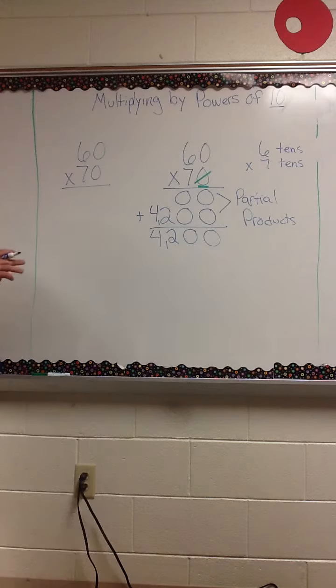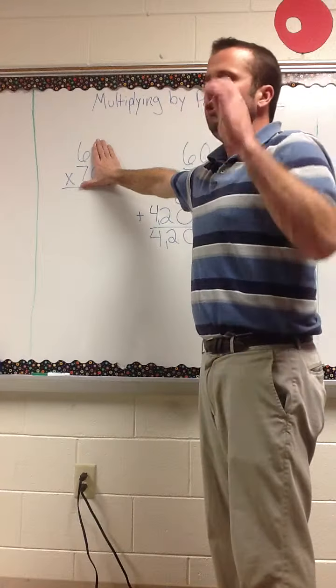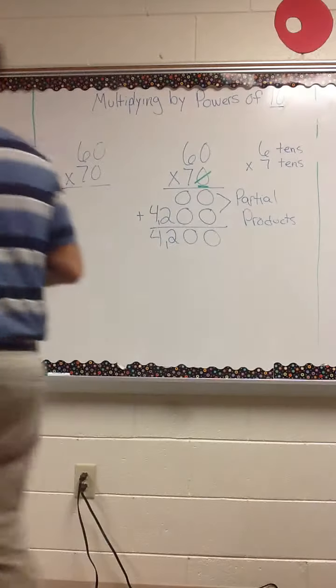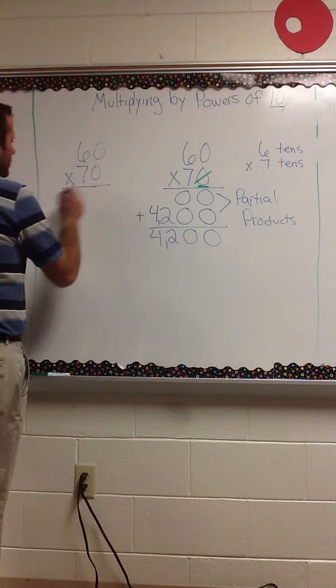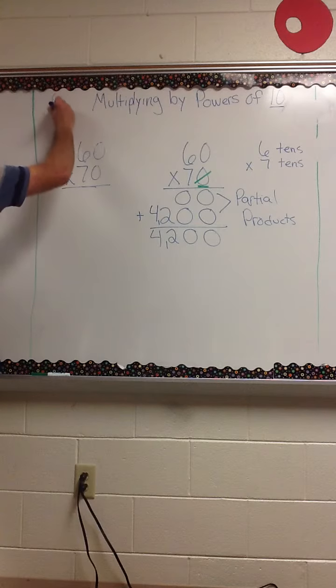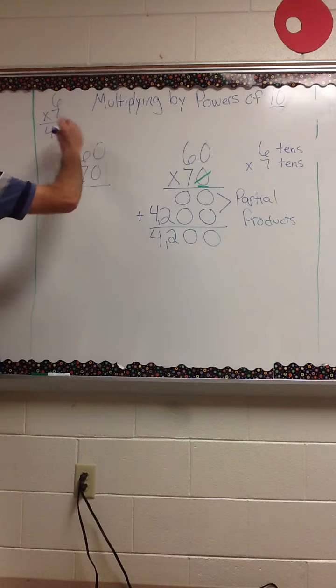Now let's go over here and let's work that problem again. Except this time what I want to do, and again, you can either do this with your hand, or you can do it with your brain. But either way, we're going to forget about those zeros for just a second. And all I need to start with is the simple 1 digit by 1 digit fact of 6 times 7 equals 42.